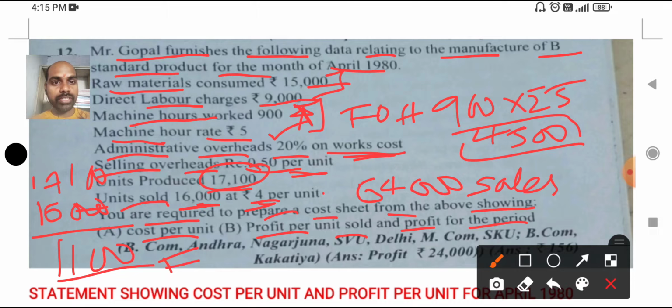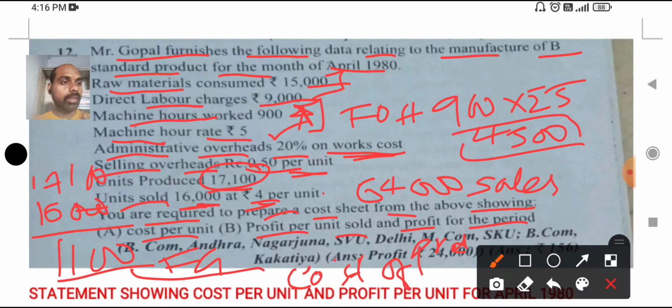This will be your closing finished goods, 1,100. So these 1,100 units will be calculated at cost of production per unit, whatever comes, you have to take accordingly.